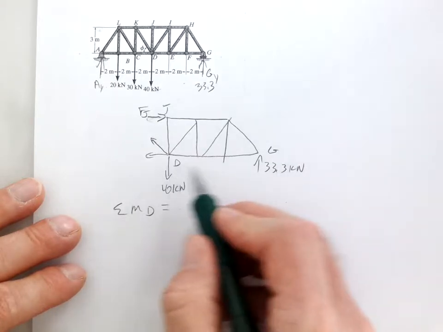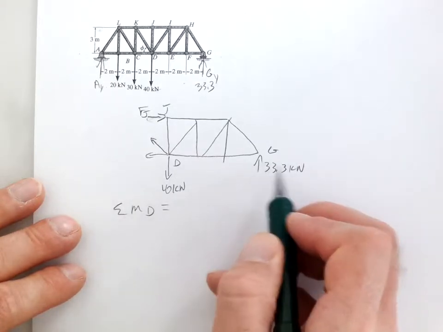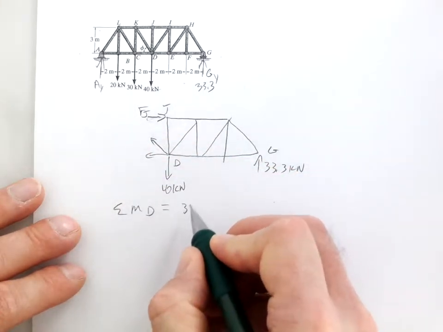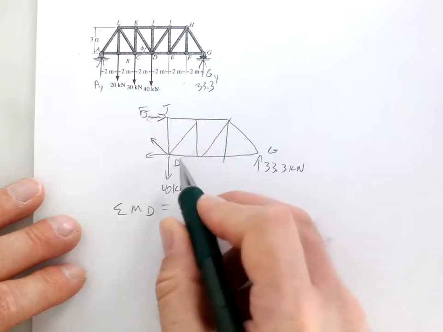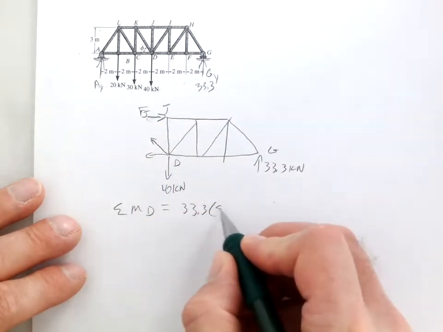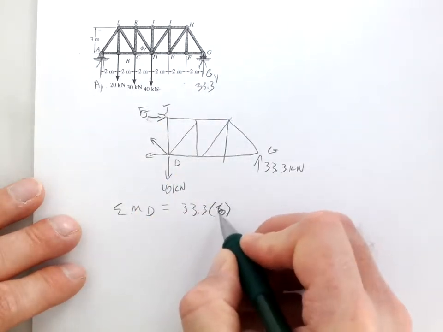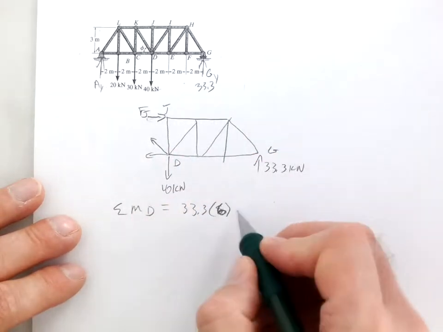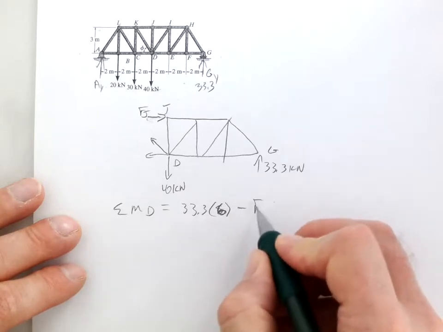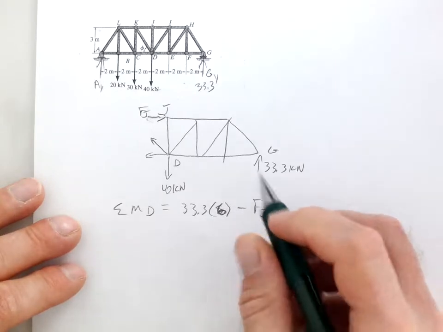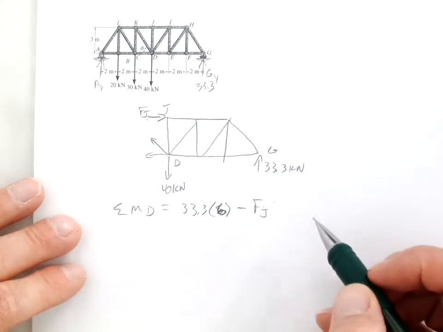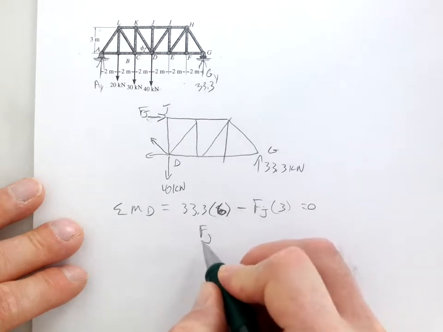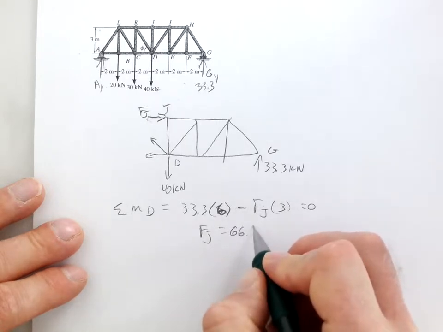So 33.3 causes counterclockwise rotation, so that's positive, and that distance there is 6. And then this causes a negative rotation, so Fj times the height 3. So Fj equals 66.7.